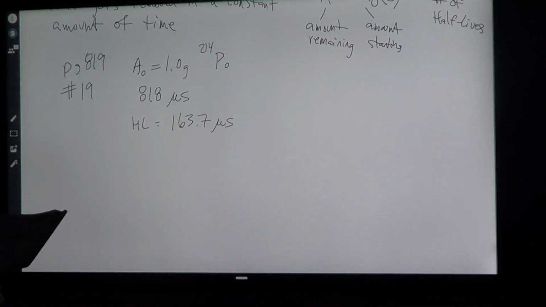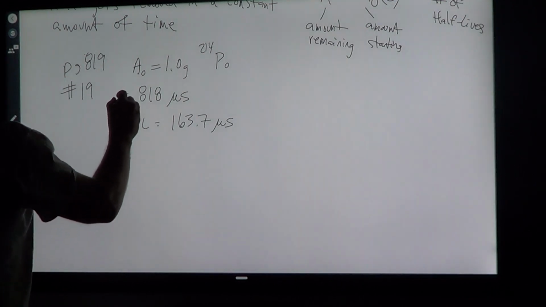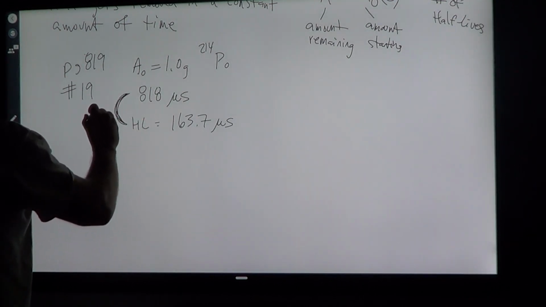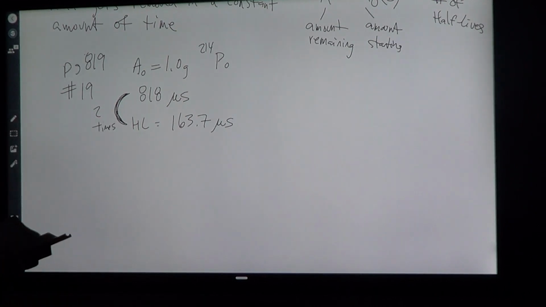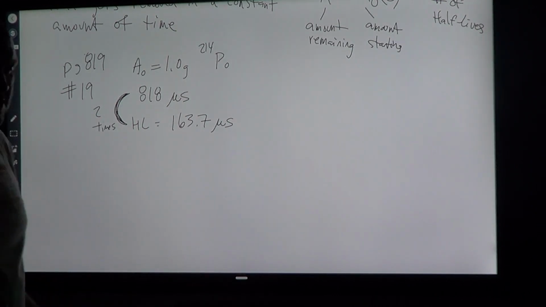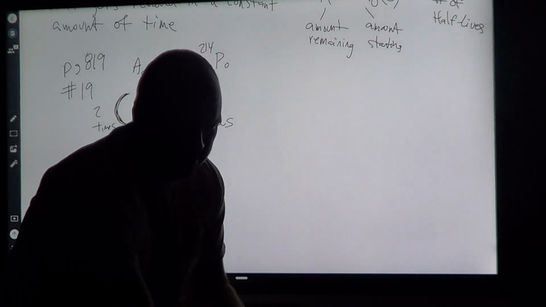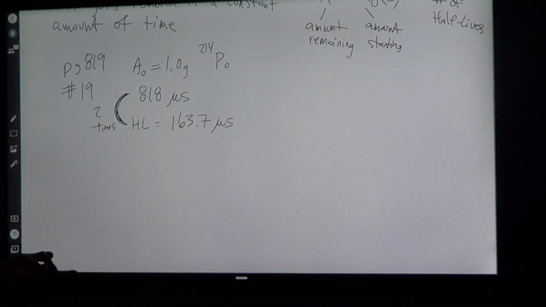microseconds. So I want you to notice that we have 2 times for this problem. Anytime you have 2 times, you're going to have to do your conversion first before you can use your math equation.